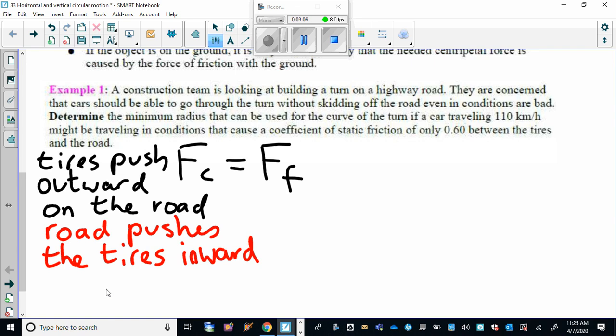And once again, we're back to Newton's third law. For every action, there's an equal and opposite reaction. The tires push outward on the road, the road pushes you inward.